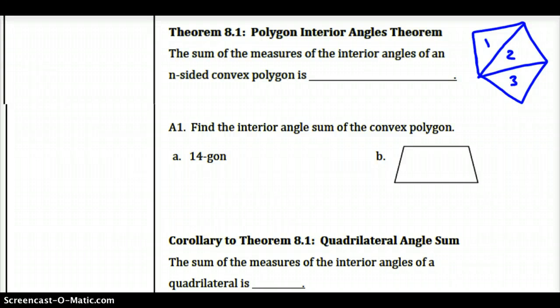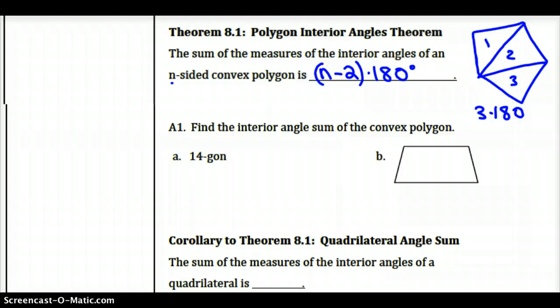So I would get 3 times 180 for the total number of degrees. So if we have n sides, that means we're going to have n minus 2 triangles, and each triangle is 180 degrees.